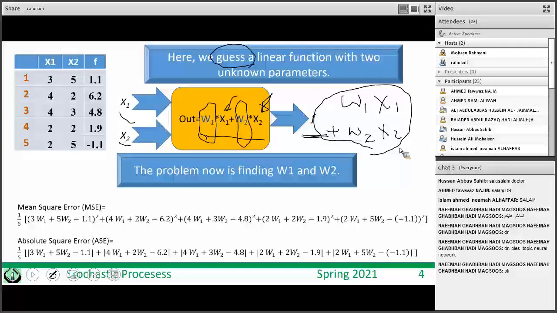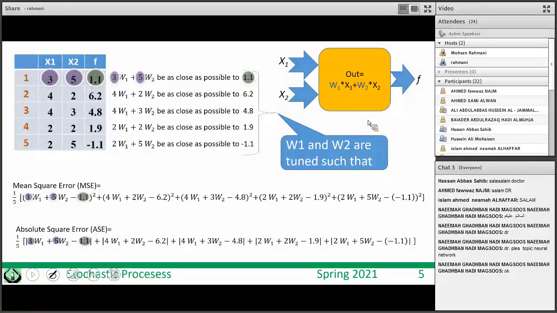And now the problem will change to a simpler problem. Now we just need to find w1 and w2. See this next slide.